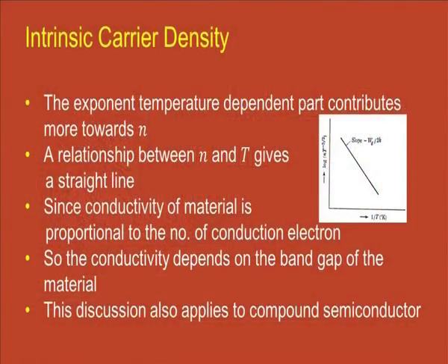Now, if we analyze this equation a little more closely, we will find that the carrier density is predominantly dependent on the temperature, which is present in the exponential part; that is, the temperature-dependent exponent contributes more towards the carrier density, N. If we plot the relationship between N and T, then we will get a straight line, and the slope of that straight line will give the band gap for the material.